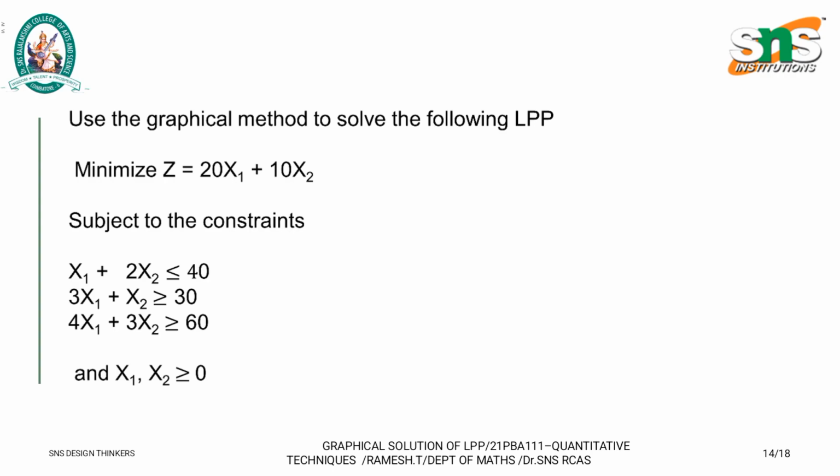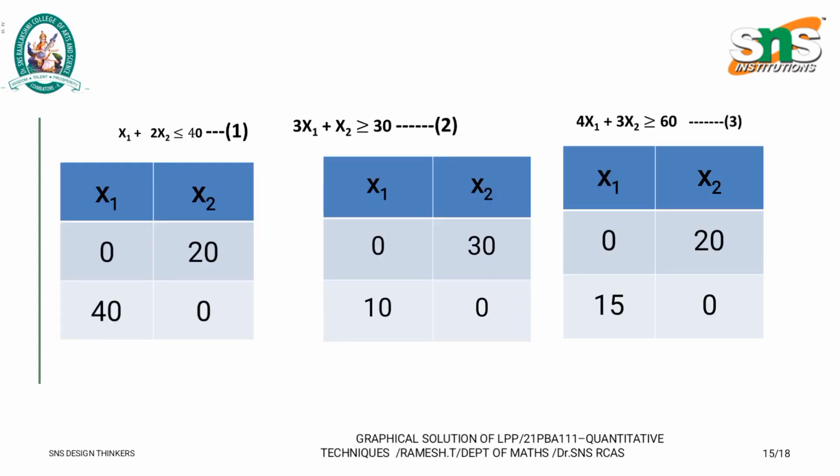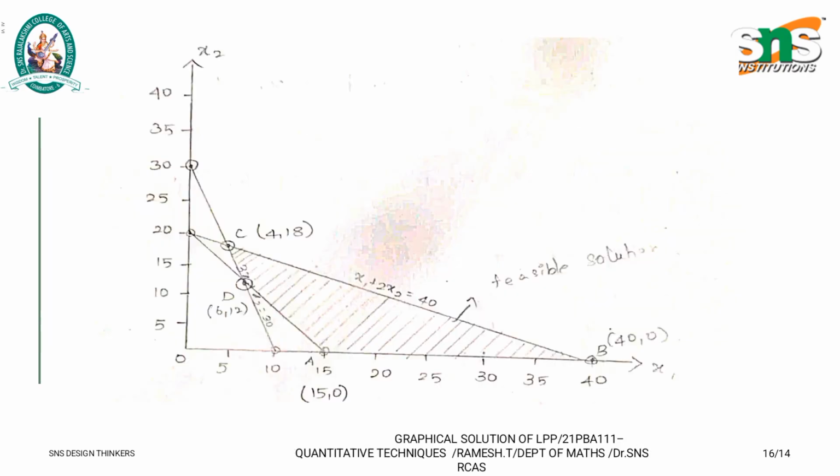We have one more example, with a combination of less than and greater than constraints, but the problem is minimization. As usual, we find the coordinate points and plot them to get the graph. The region is as shown in the figure, A, B, C, D. The coordinate point of A is (15, 0) and of B is (40, 0).